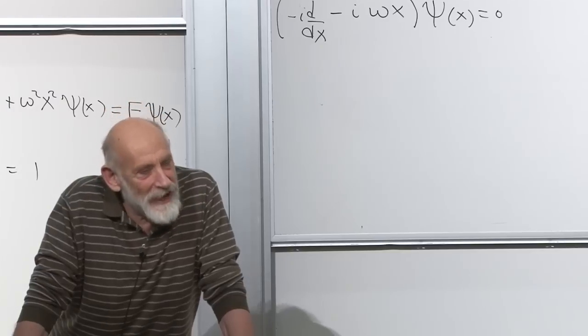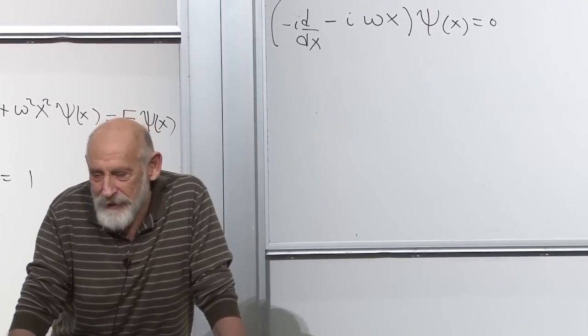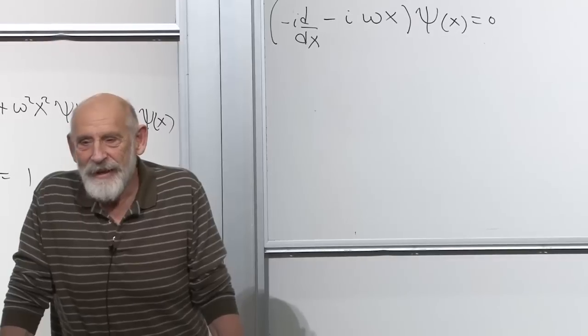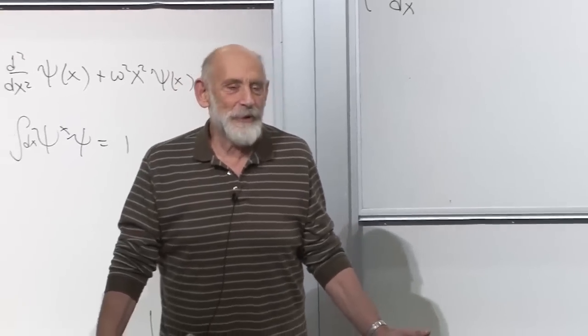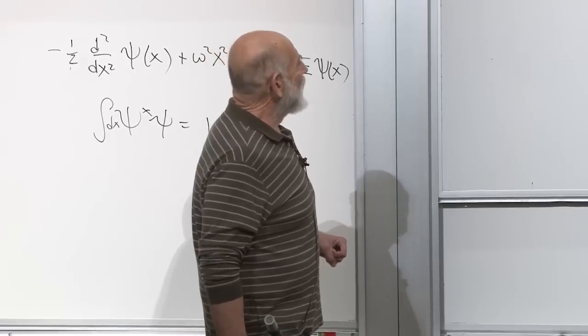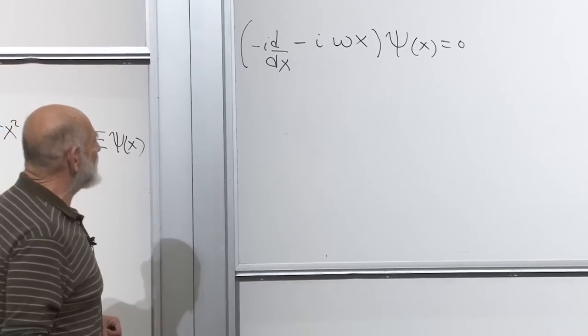One very standard trick for linear equations like this is to write the wave function as the exponential of something else. Now, this is just a matter of experience. I can't tell you how to guess that. Yeah, you can guess it because when you multiply through by dx, you get x dx.